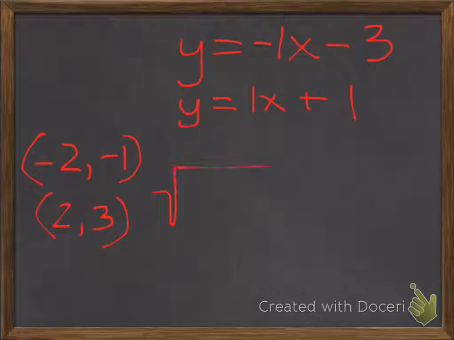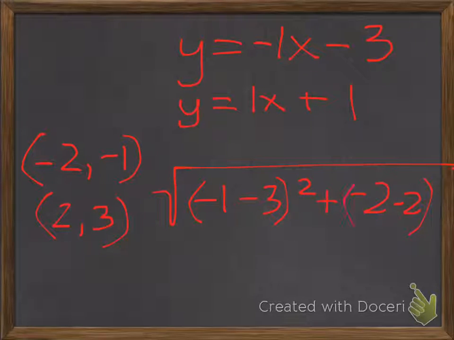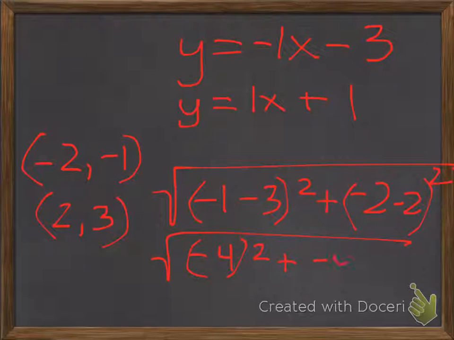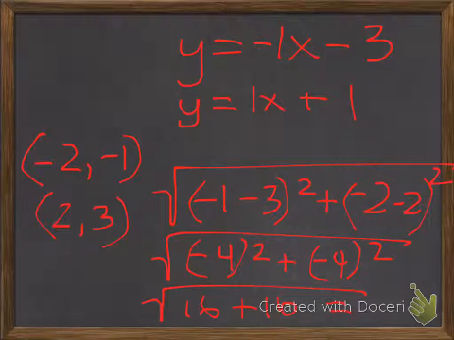And those are the 2 points I plug into the distance formula. And I get the square root of 32. And that concludes the Chapter 2 test review.